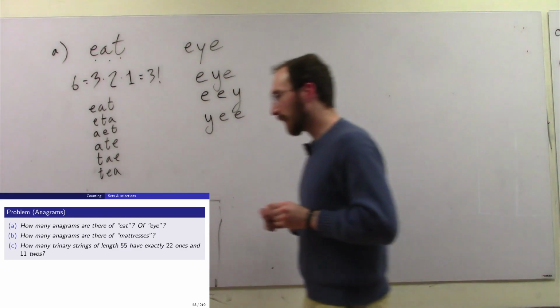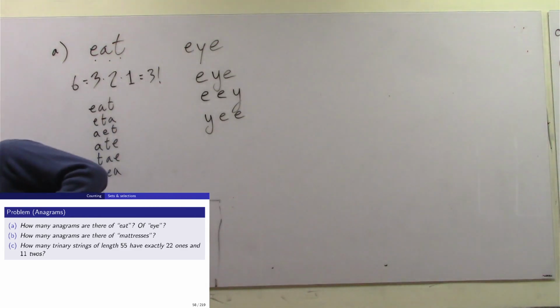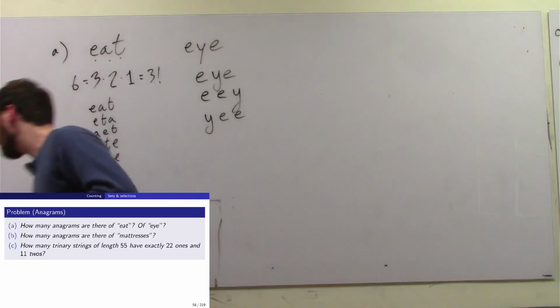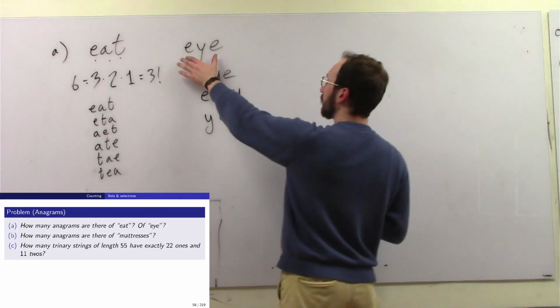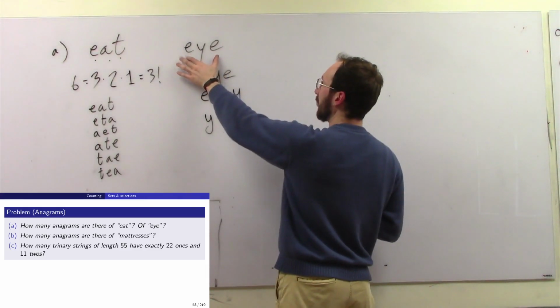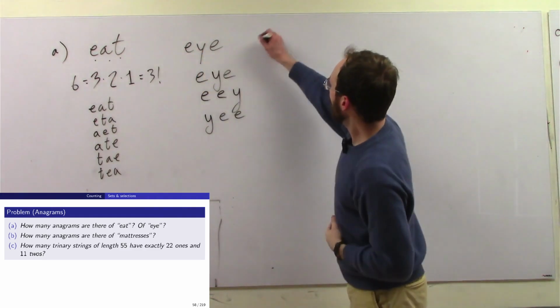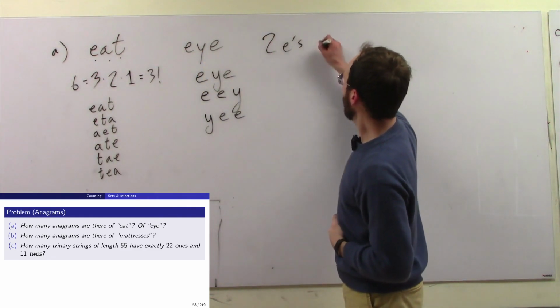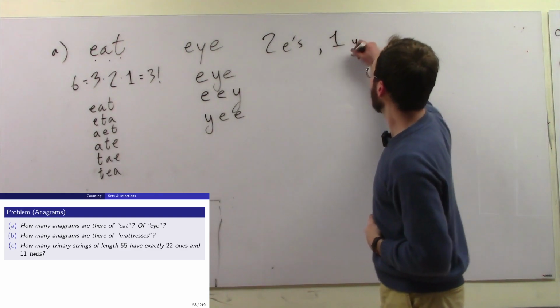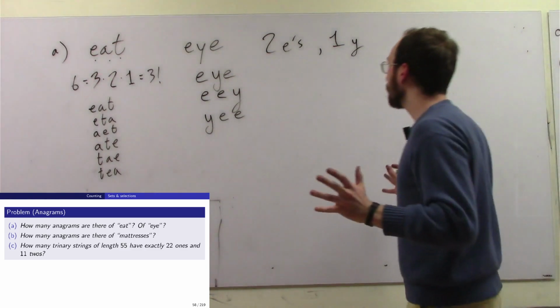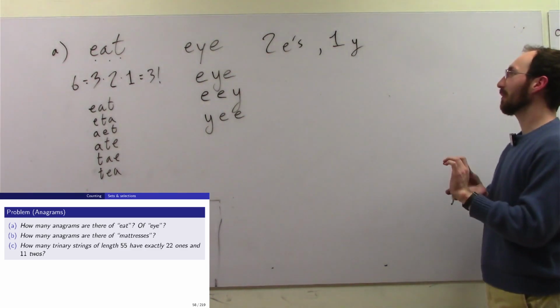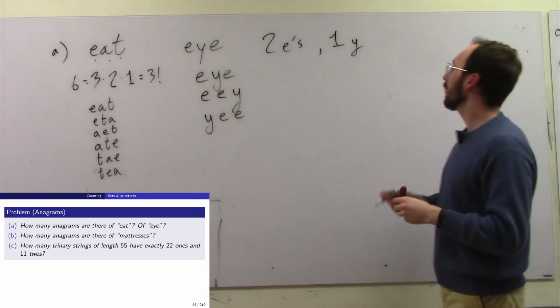Well, it's sort of like with this ASCII problem. We're going to first just separate these in two groups. I can think about this: I have two E's and I have one Y. And I have three total spaces for what I'm going to do with these E's and this Y.